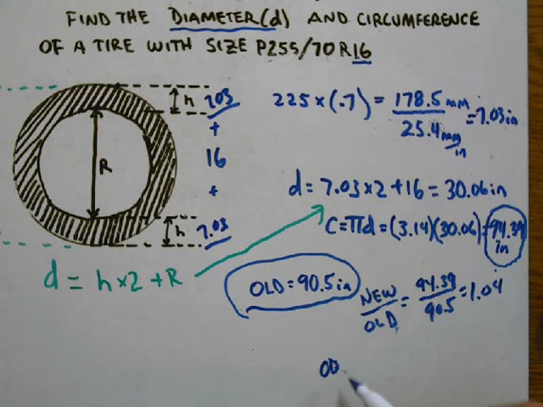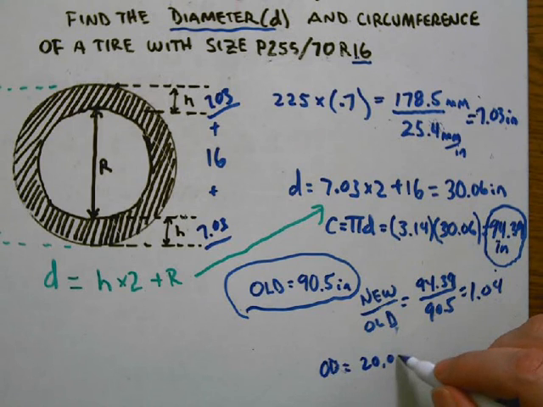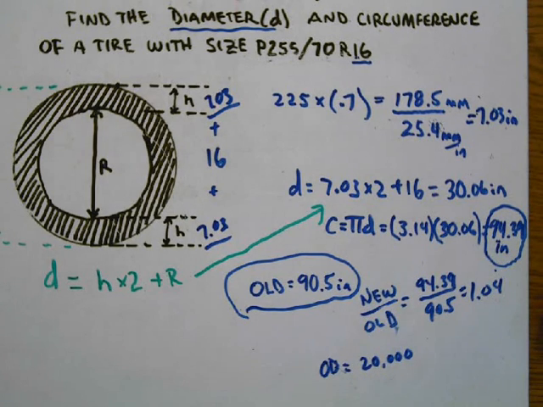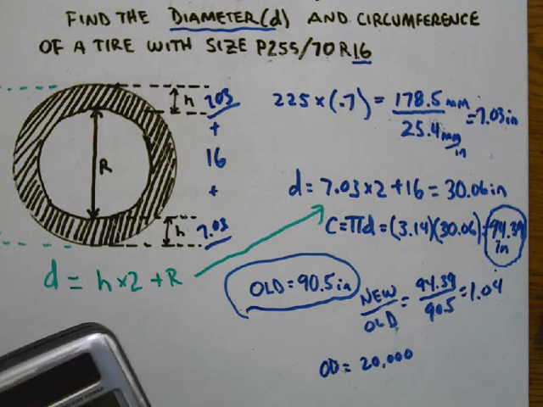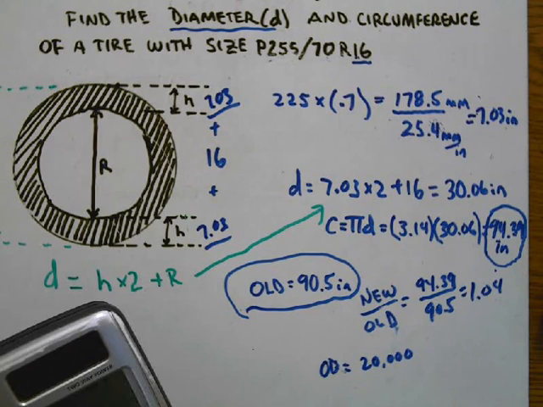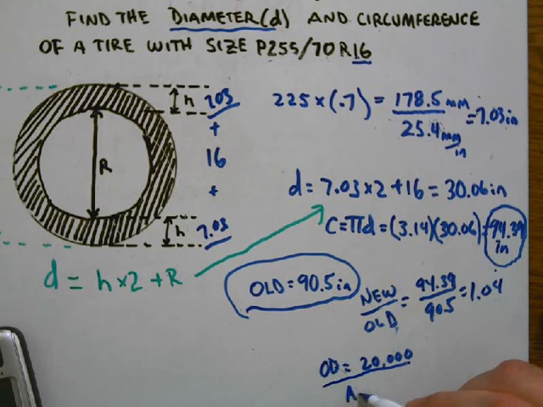So if the odometer reads 20,000 on the car, but you change the tires, your actual will be 1.04 times that. So we multiply that times 1.04, and you get 20,800. So if the odometer reading says this, you actually have 20,800 miles that are actually on the car.